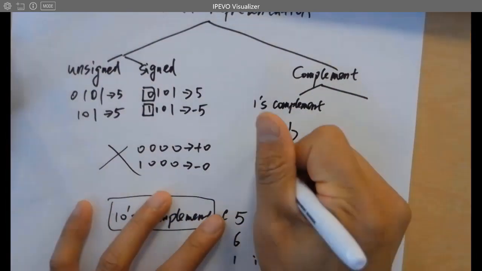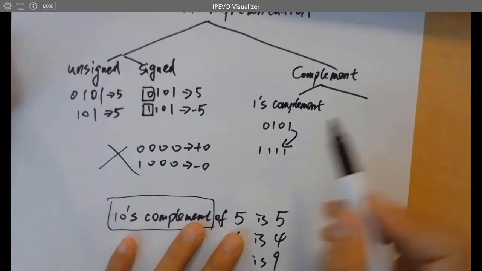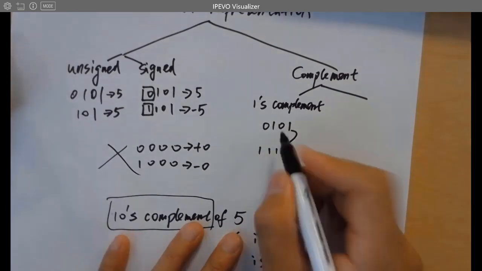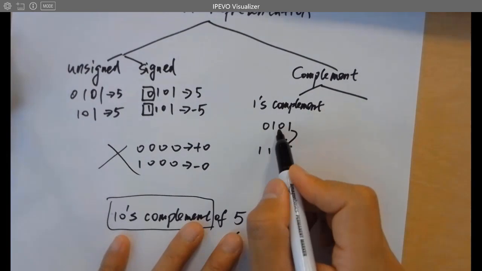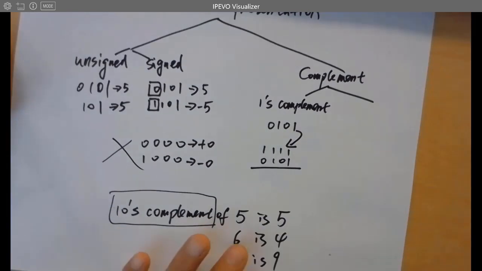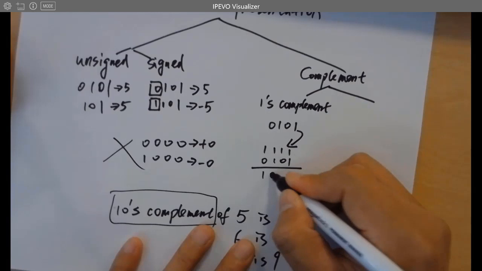You use 1, 1, 1, 1, one at every binary digit, subtract the original number digit by digit. So 1, 1, 1, 1 minus 0, 1, 0, 1 gives 1, 0, 1, 0, right?